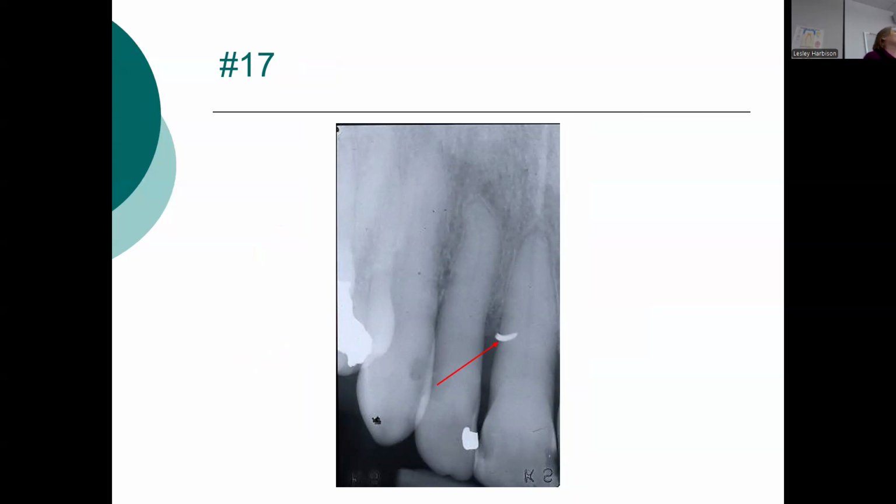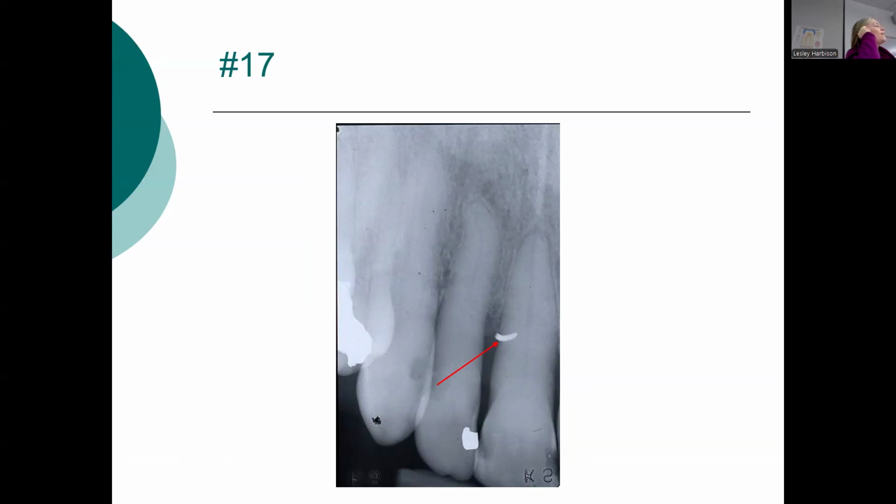Yes, tip of an instrument. Someone went into a deep pocket and broke off the tip of their scaler. It happens. Worst case scenario, the patient would have to have surgery. But almost always, if you can feel it happen, you're scaling and all of a sudden it's like dink, and you're like, oh crap.